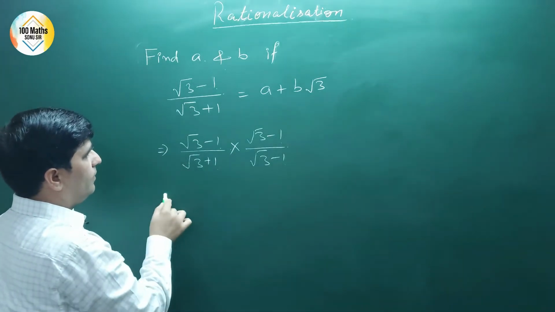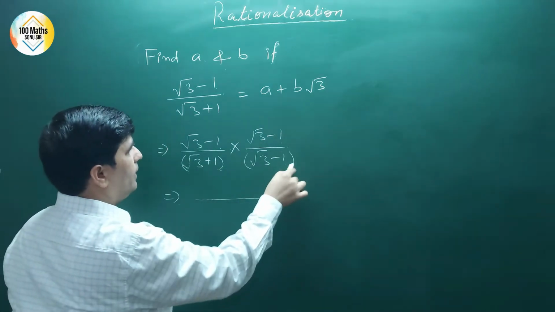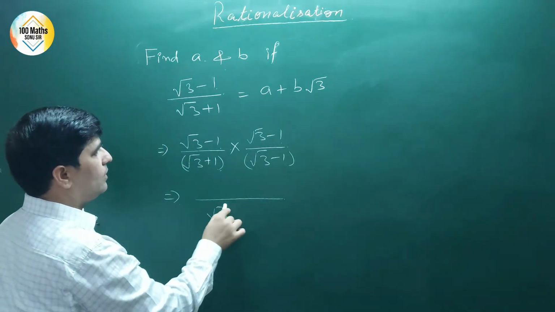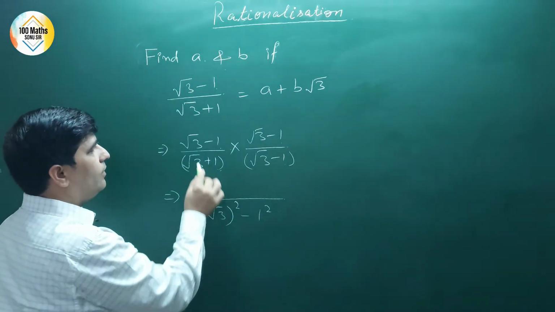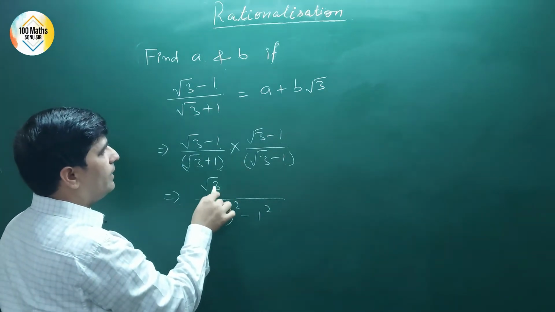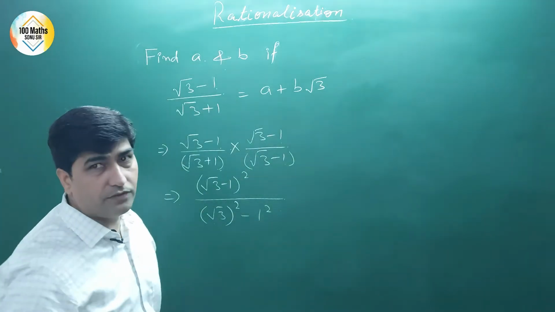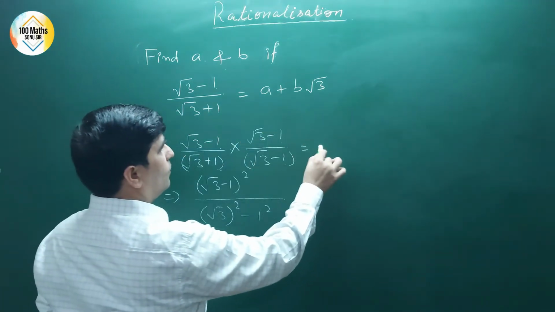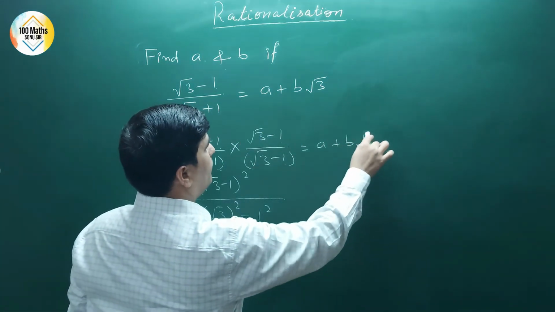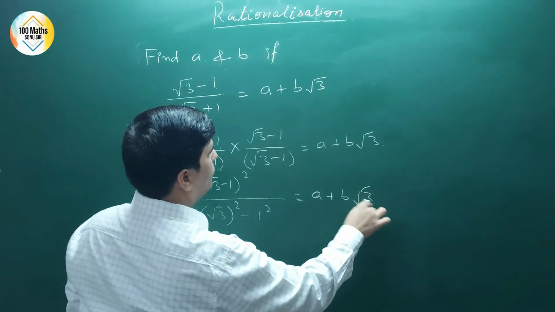The denominator is a plus b into a minus b, so we can say root 3 square minus 1 square, and the numerator is root 3 minus 1 into root 3 minus 1, so we can say root 3 minus 1 whole square. And what is on the right hand side? Keep this expression here, a plus b root 3.